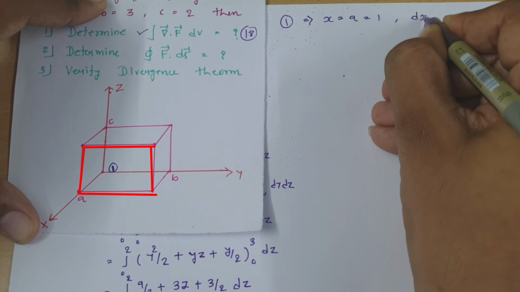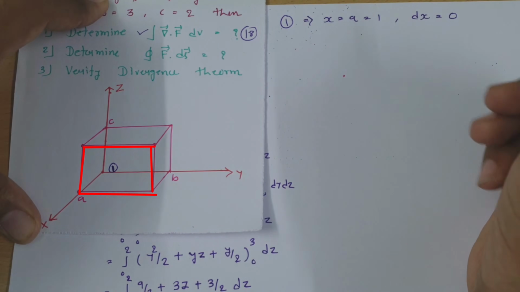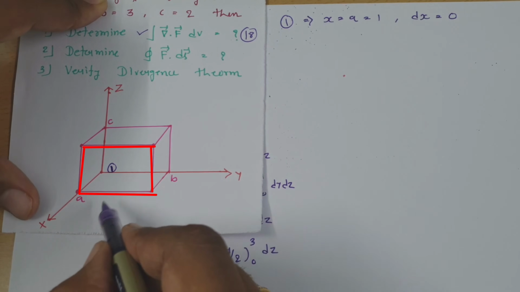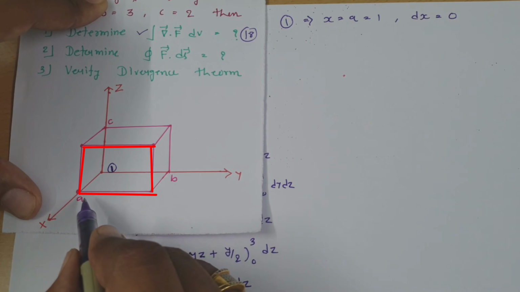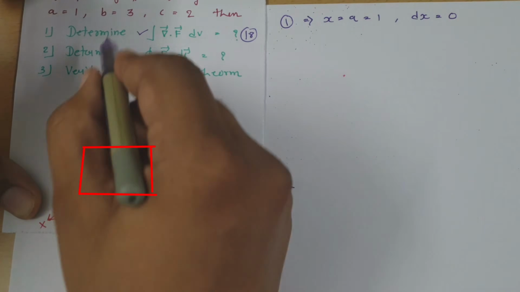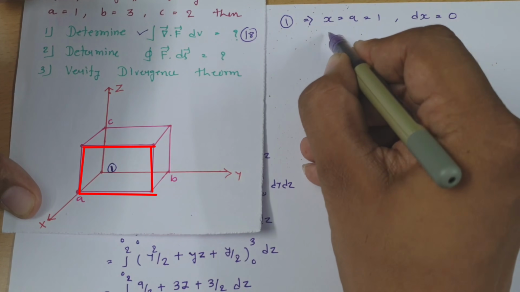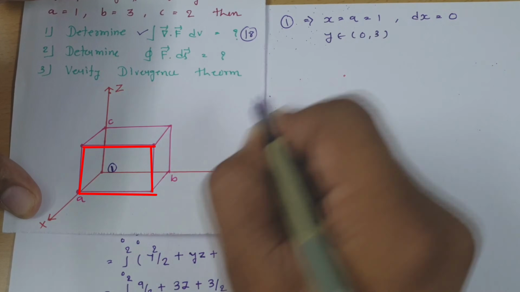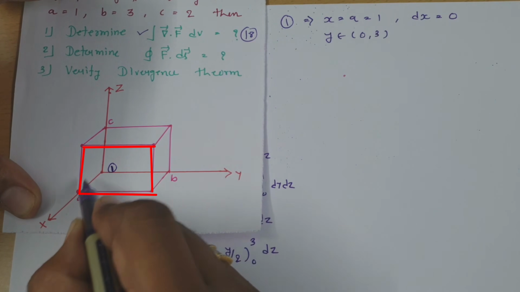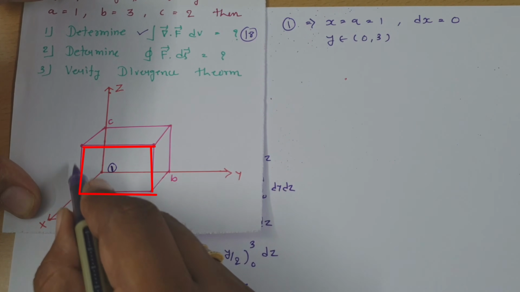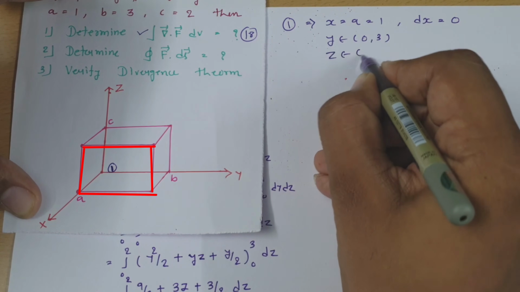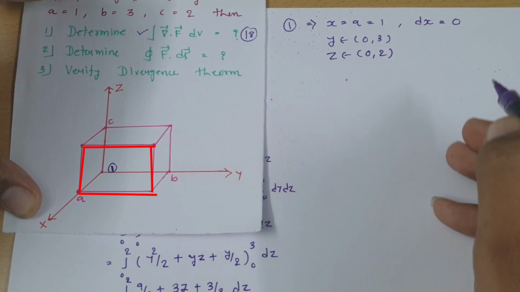So we can say dx is equal to 0. And on this surface, if you observe, y is varying from 0 to b, and b is 3, so we can say y belongs to 0 to 3. And z is varying from 0 to c, where c is 2, so z belongs to 0 to 2.